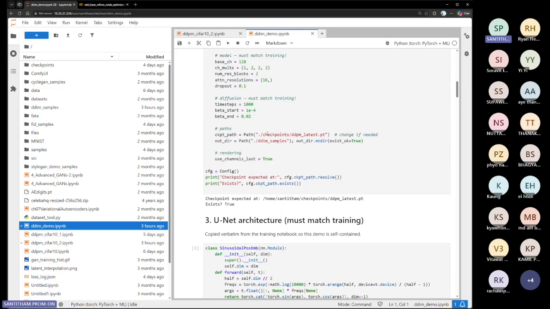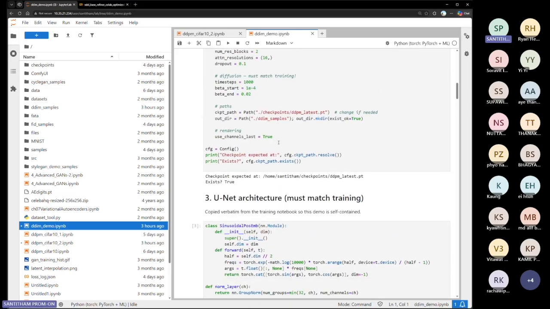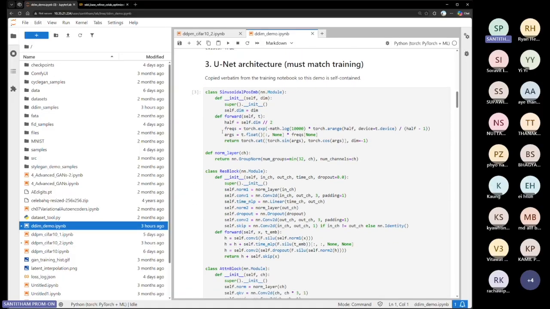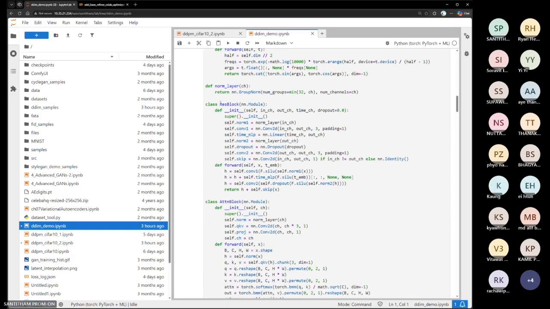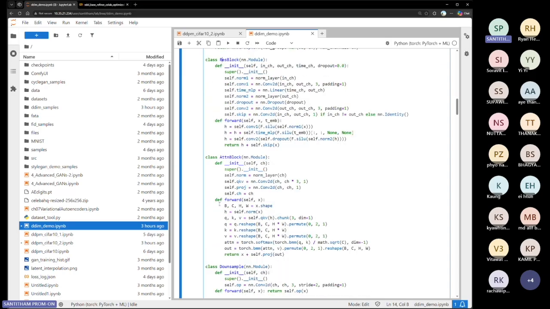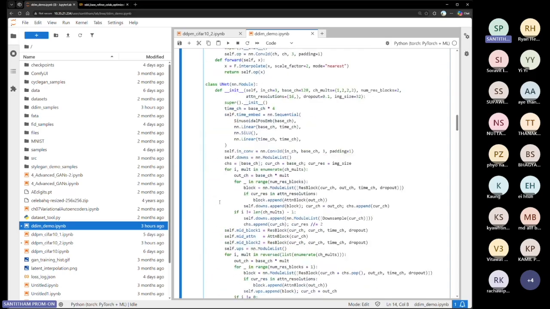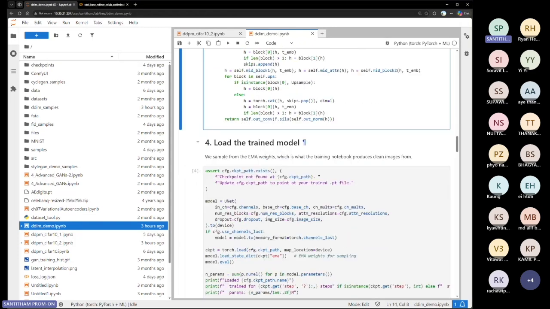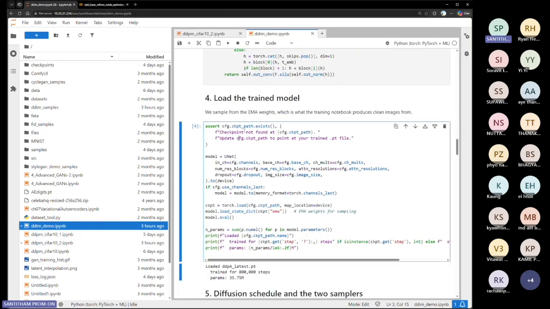It still uses the checkpoint DDPM latest that was trained earlier for CIFAR 10. Then the UNet architecture. You've got the ResNet block, attention block, the same thing as the last time, the UNet. Okay, and then load the model weights to the UNet.